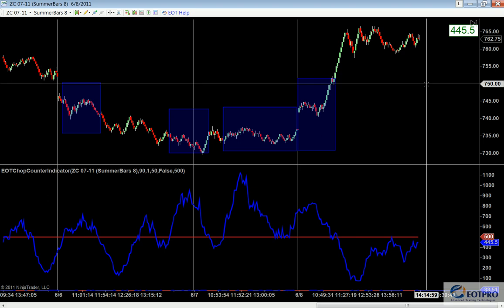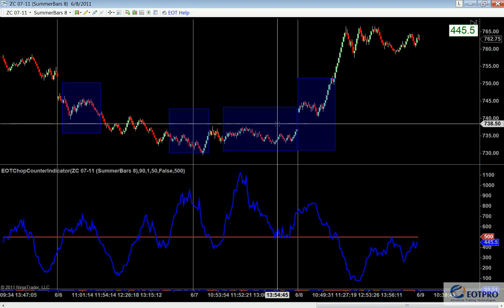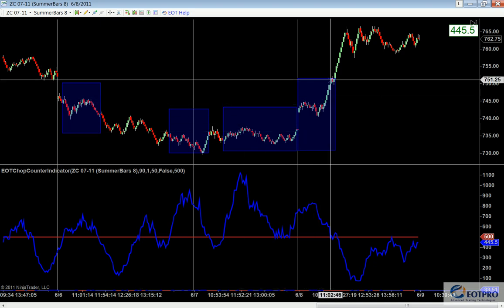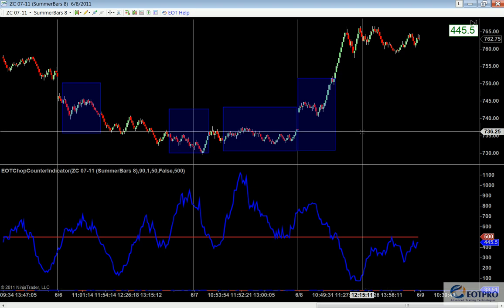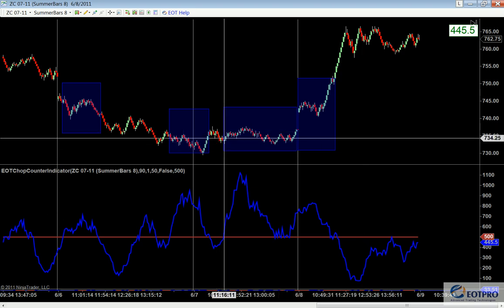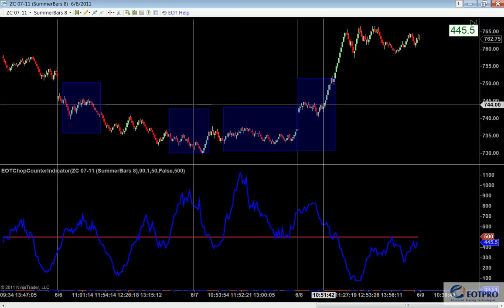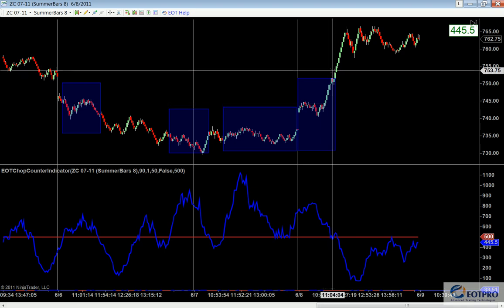But let me tell you where it doesn't do a good job. The problem with detecting chop is detecting when the market is going to break out. And you can see, if you were to use this chop indicator and you were to not trade in here, it's going to cost you this trade.